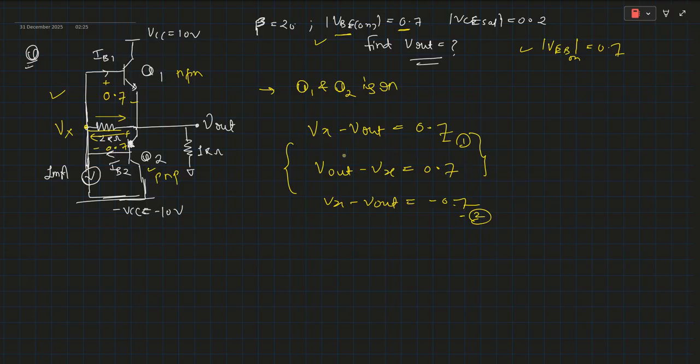One equation is saying the current is moving in one direction, and the other equation is saying the current is moving in the other direction. So it is not correct. This condition is not possible for these transistors. One current always flows in one direction, not in two directions. So this is case one.